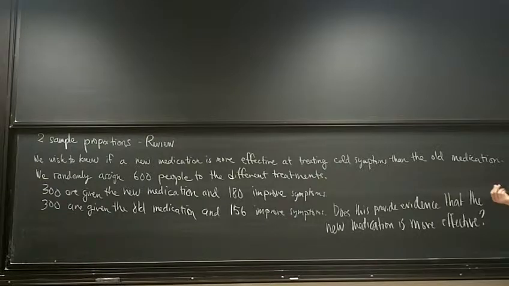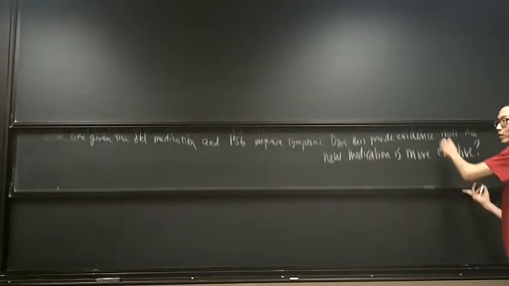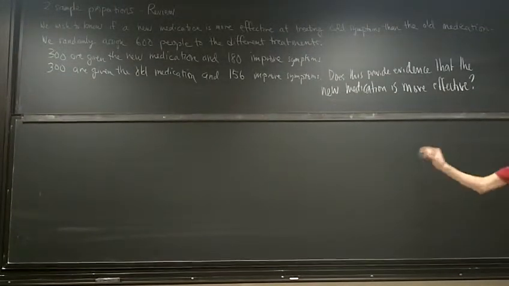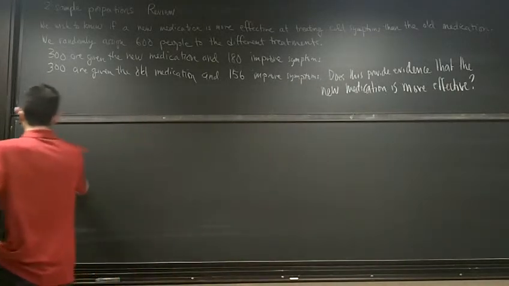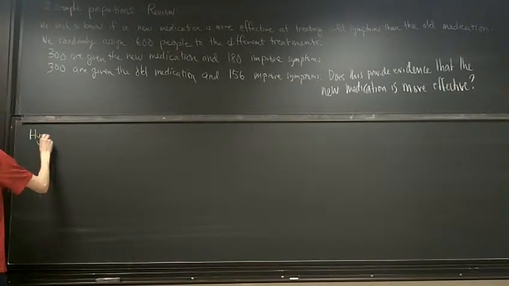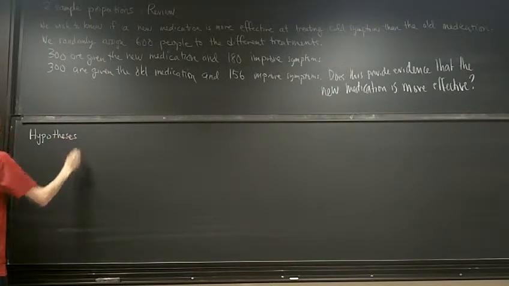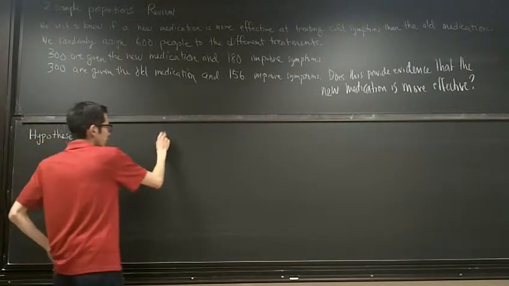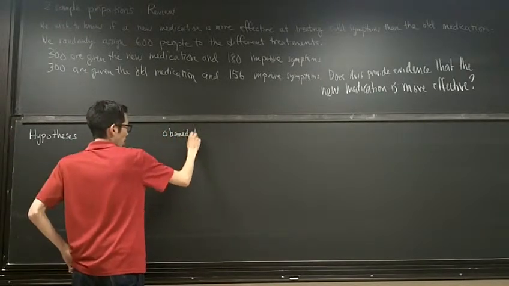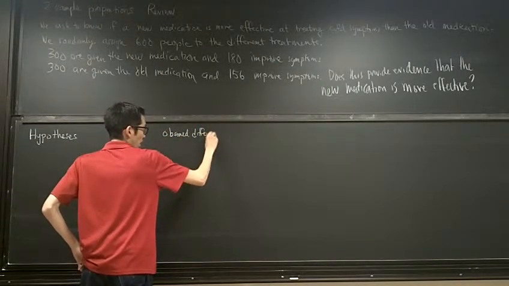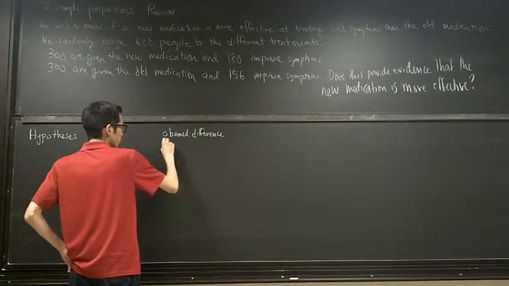Okay, so this is a two-sample proportion hypothesis test. We saw problems like this in our homework, right? So why don't I give you guys a few minutes to work on this, get as far as you can. I'll structure how your answers should go, which should help you along the way. So first, come up with the hypotheses. Figure out your observed difference between proportions.